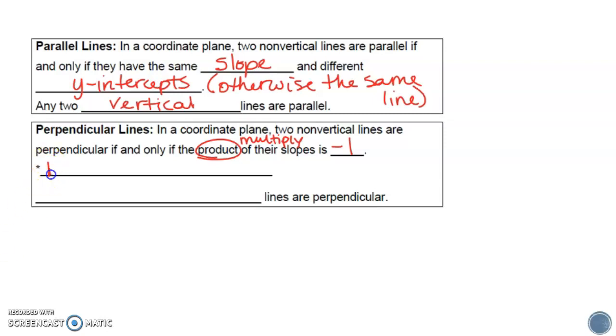So they need to be negative, so opposite signs, reciprocals. An example of that would be 1/2 and -2, because -2 can be written as -2/1. So they're opposite signs and the fractions are flipped. That's what it means to be a reciprocal. The other thing that we need to discuss is that horizontal and vertical lines are always perpendicular to each other.